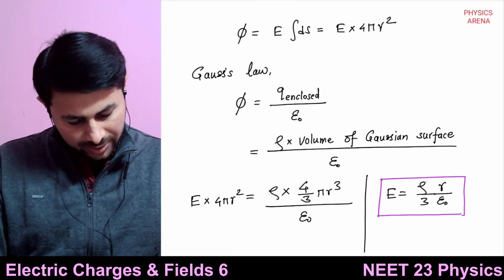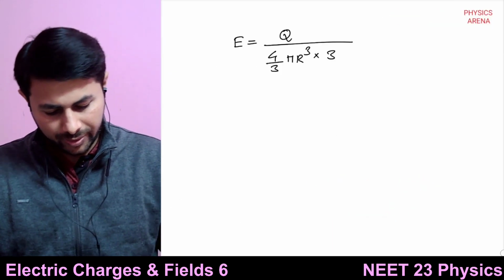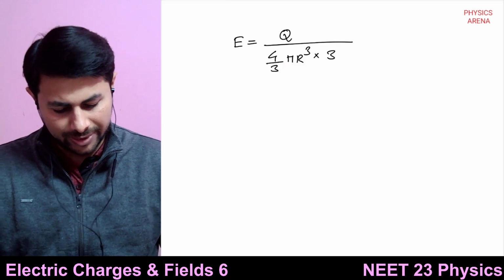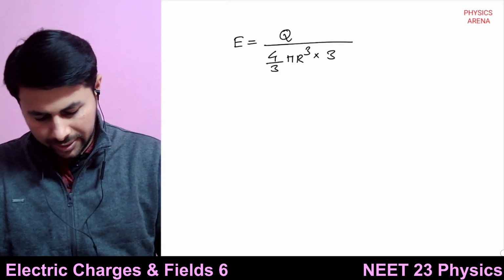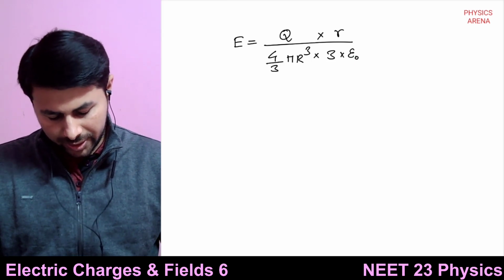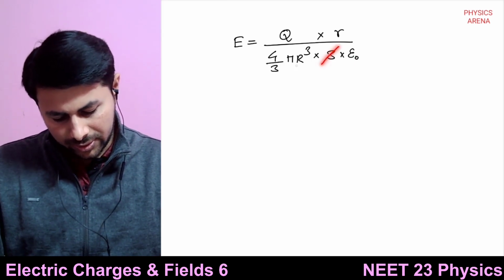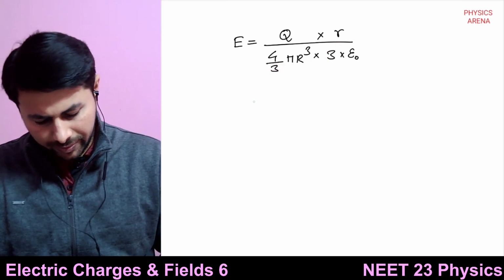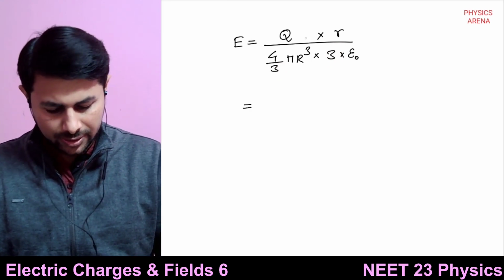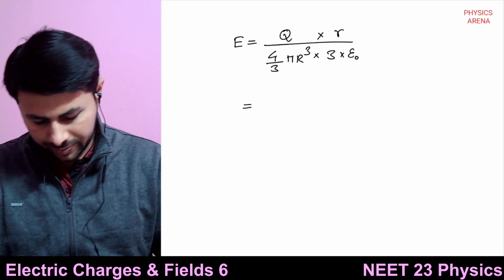I have substituted the value of rho, so q upon 4 by 3 pi R cube multiplied by this 3, and you have small r in multiplication and epsilon naught in the denominator. So this 3 and 3 will get cancelled out, and you get one formula in terms of q, the charge.